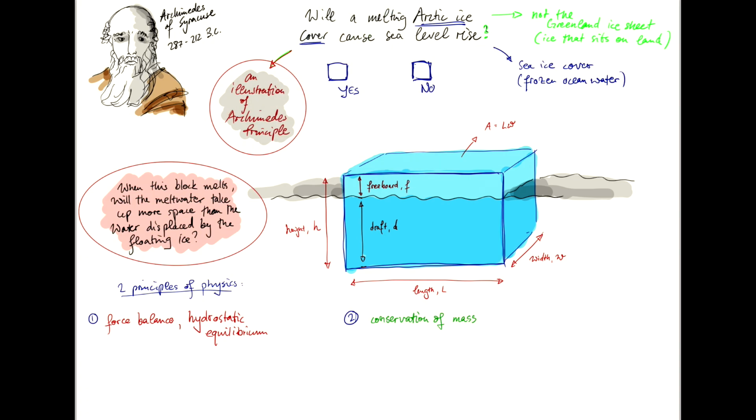The force balance tells us that the buoyant force acting on the ice block upward from the displaced water has to be balanced by the gravity acting on the ice. So Fg plus Fb has to be equal to 0.